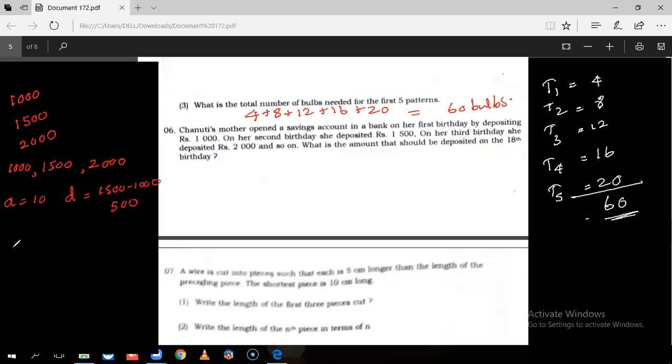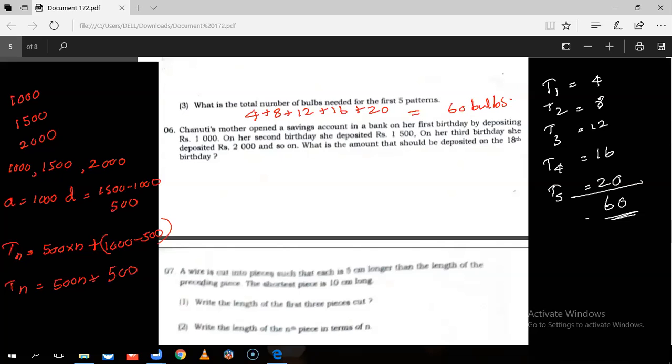Then you can find the general term: Tn equals the common difference into n plus the first term, 1,000, minus the common difference 500. Then Tn equals 500n plus 1,000 minus 500.